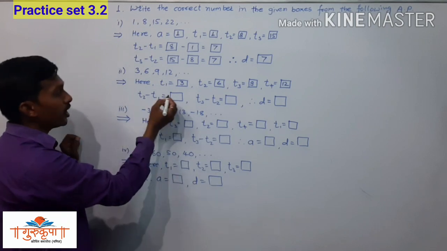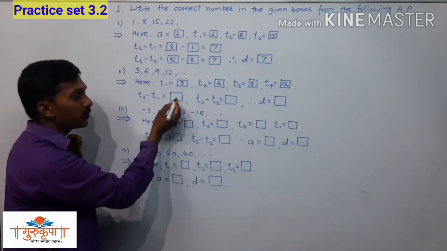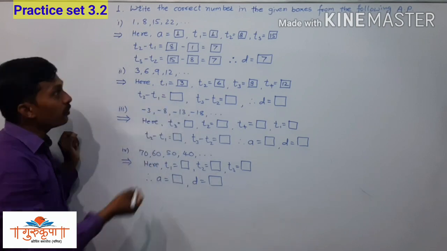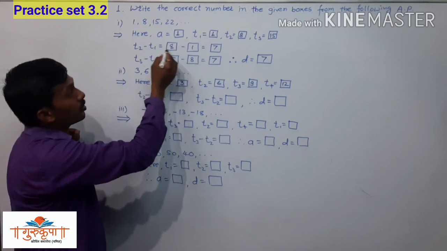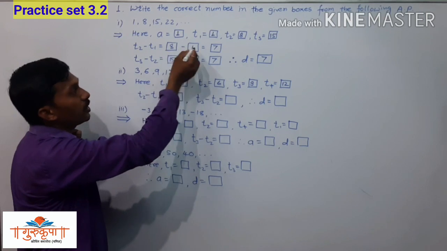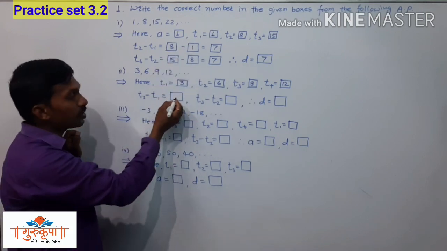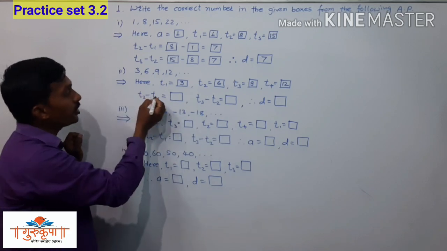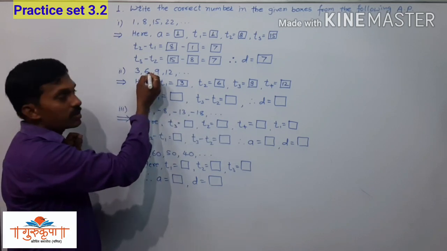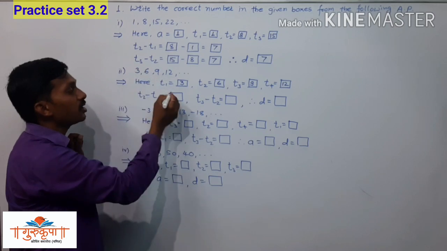Now here for T2 minus T1, we have to directly write the difference between them. We do not have boxes like T2 minus T1 here, with a box for T2 and another box for T1. So we have to directly write the difference. T2 is 6 minus T1 is 3, 6 minus 3 is 3.